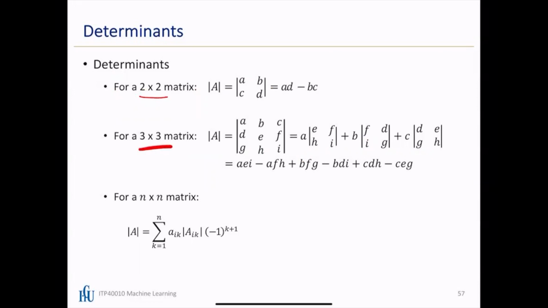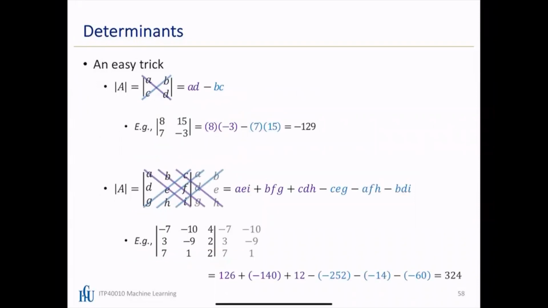The determinant for a 3 by 3 matrix is computed like this. You can even generalize it for n by n matrices, so you can come up with this formula. And here's a trick that you can use for computing determinants. So take a look.